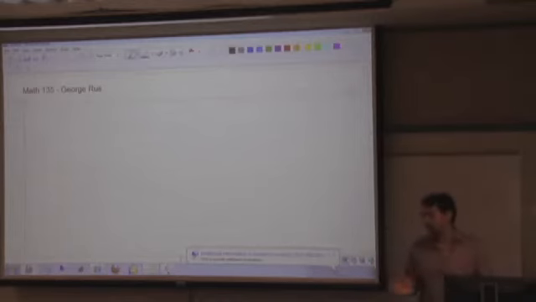It's a year-long sequence that only starts in fall. So if you had started in spring, you couldn't take this, since 132 would be in spring, not 131. Okay. Questions, thoughts, ideas?